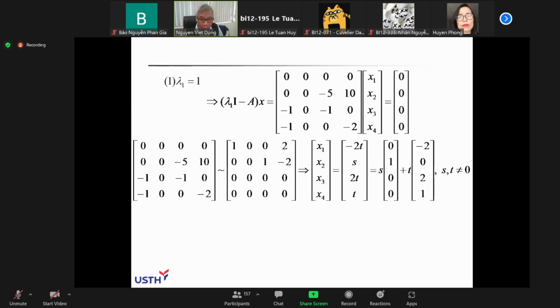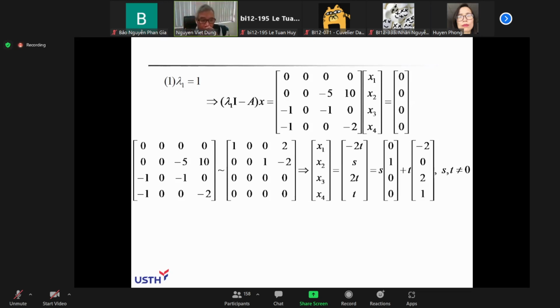Then our solution will be s times a vector plus t times another vector. Here I will not repeat once again how to solve a homogeneous system of linear equations. I write down immediately that the solution is that one.